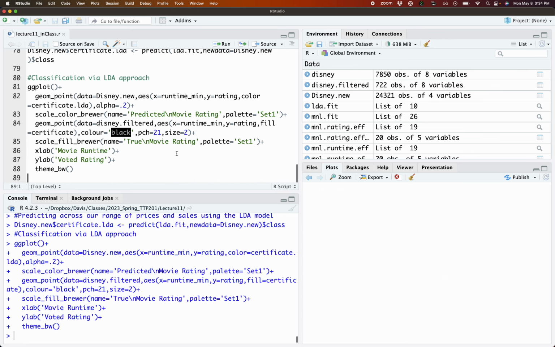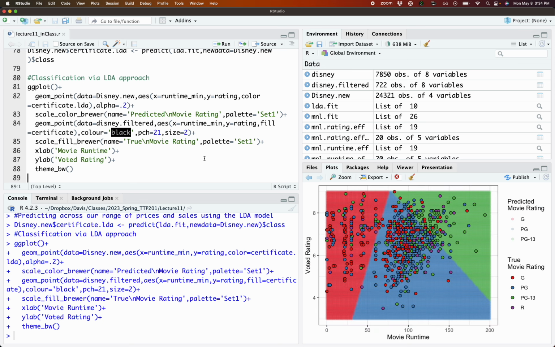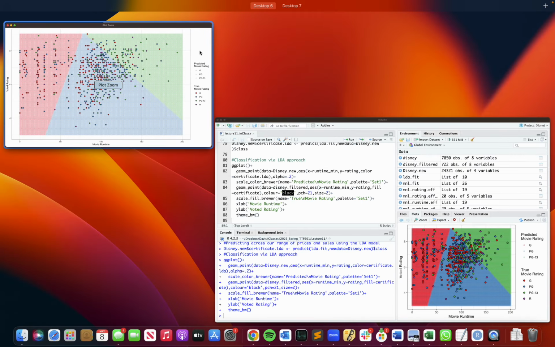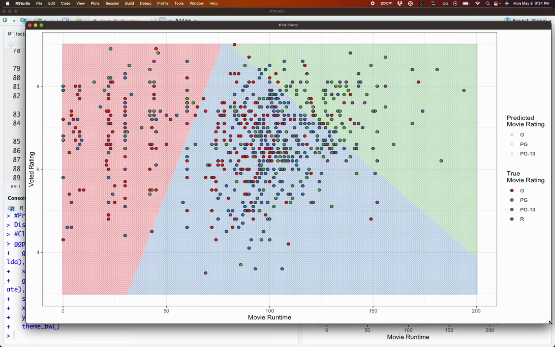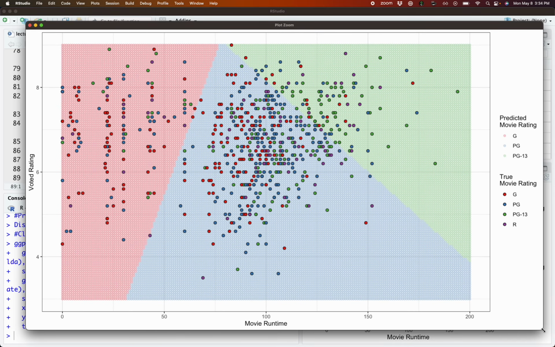And again, all this code will be available online. Okay, and so what you'll see in this case is a pretty similar graphic, breaking things down in the same pattern.